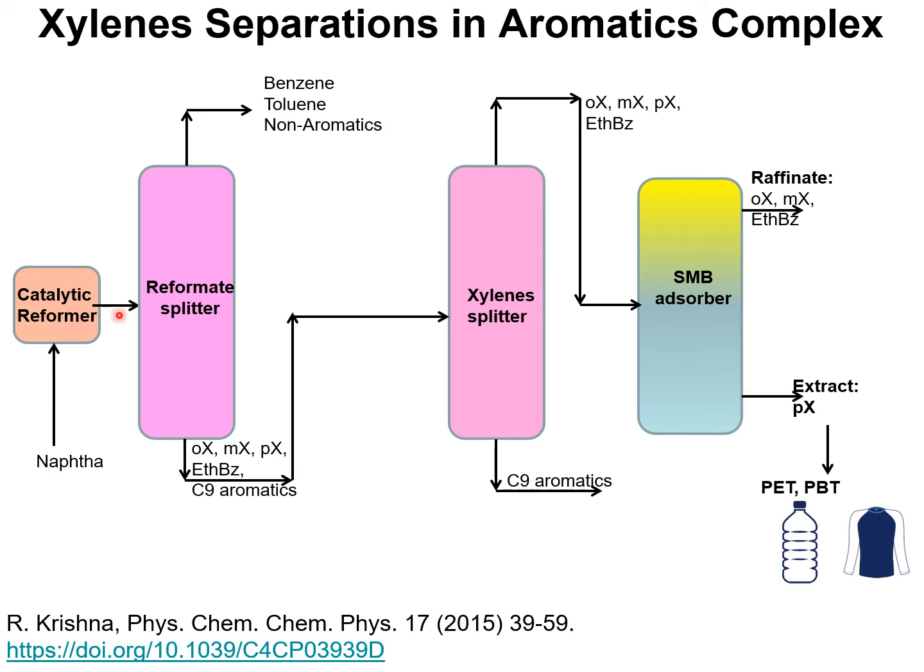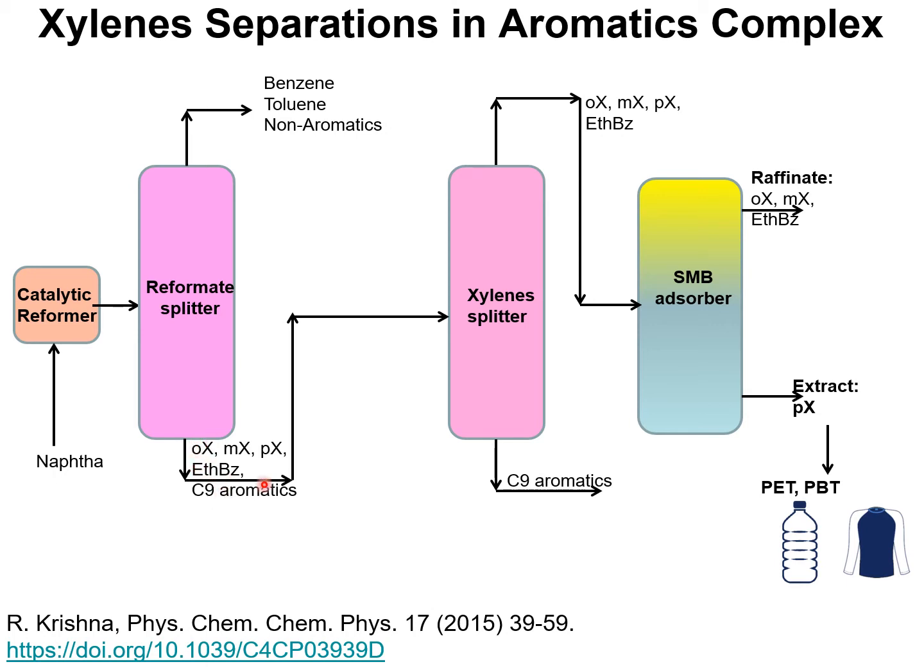The products from the catalytic reformer are sent to a raffinate splitter in which the top product consists of benzene, toluene, and some non-aromatics, and the bottom product consists of C8 hydrocarbons, ortho-xylene, meta-xylene, para-xylene, and ethylbenzene, along with C9 aromatics.